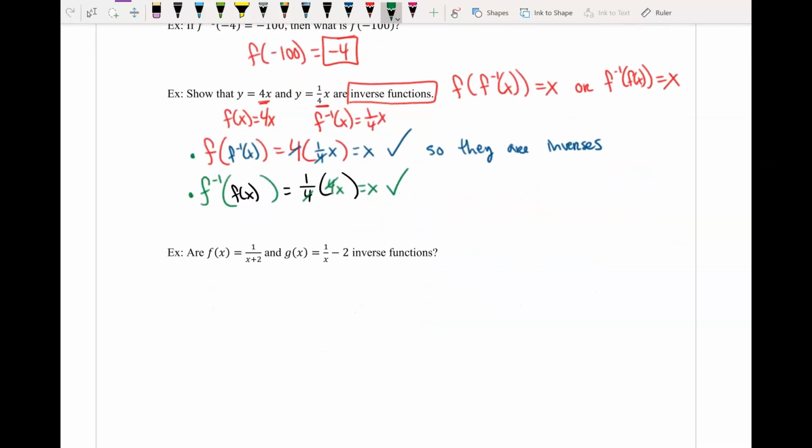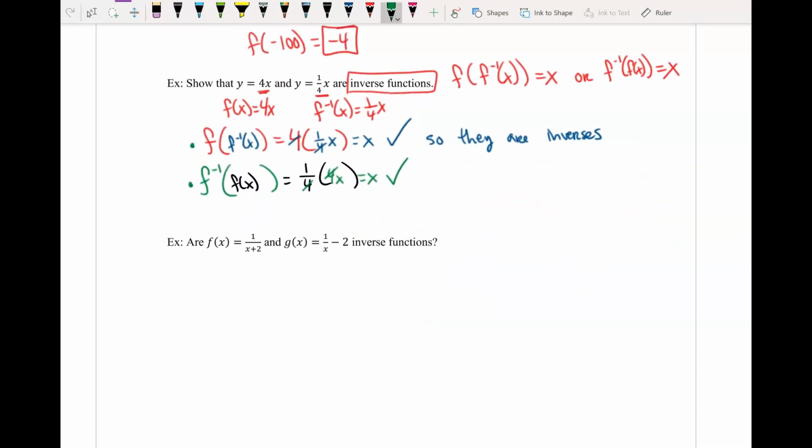Let's show this next example. We have f of x equals 1 over x plus 2, and g of x is 1 over x minus 2. Are these guys inverse functions? Well, let's see. Remember that we can plug one function into the other, and you should get x. Here, my f is 1 over x plus 2, so I'm going to have x plus 2, and in that x, I'm going to plug in g of x, which is 1 over x minus 2.